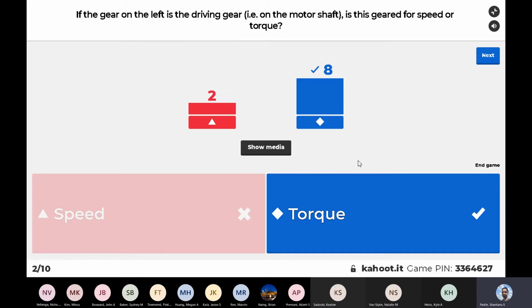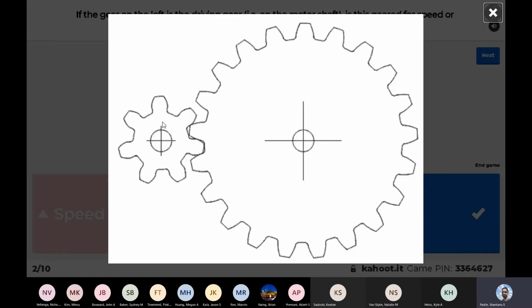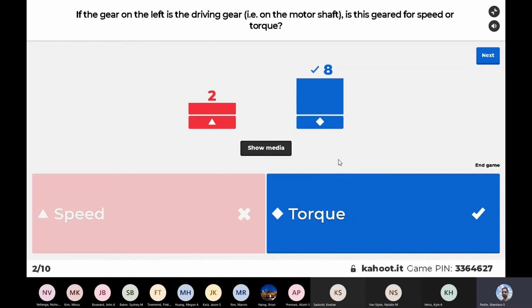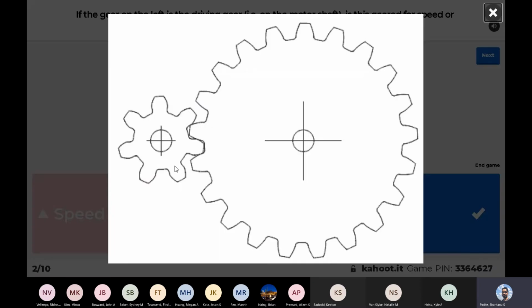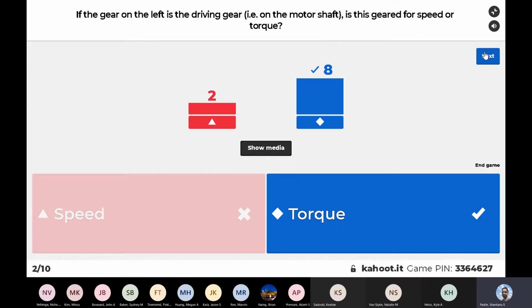That's right, it's geared for torque. So a smaller gear moves faster, a bigger gear moves slower. And if it moves slower, it's got low speed, it's got higher torque then. As you can see, a smaller gear can produce a higher torque when you combine it with a larger gear. That's good.